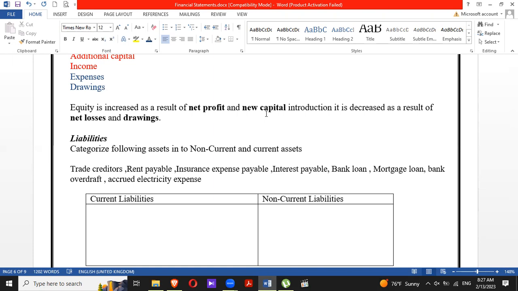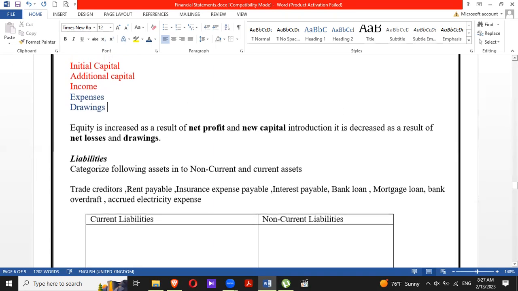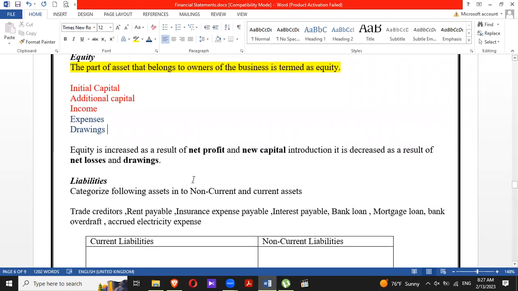Equity increases due to net profit. We know that when income is over expenses, we call it profit, and when expenses are more than the income, we call it a loss. The same thing is given here. So this is related to equity.